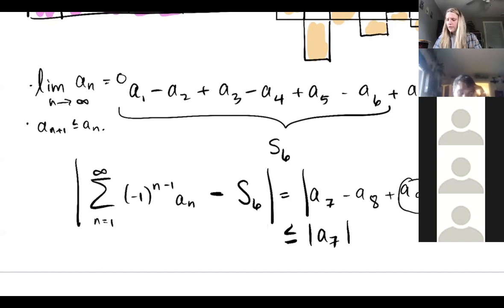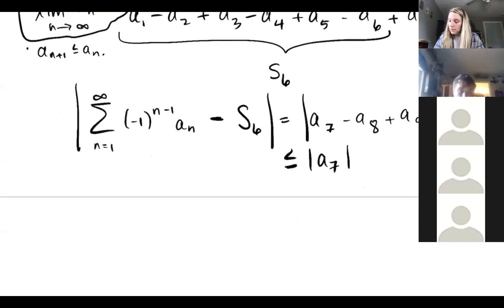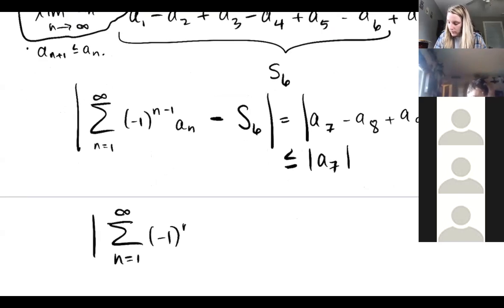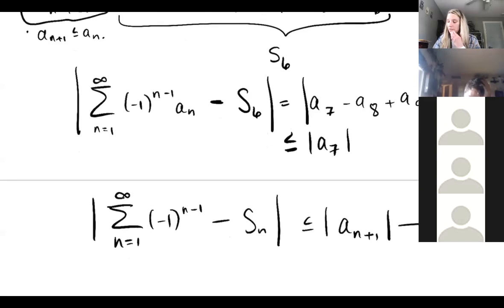Once you start alternating past A7, you never get back to that size again. Here's the more general form: the difference between the sum and the nth partial sum is always less than or equal to a sub n plus 1. And you know that this goes to 0. So basically these partial sums converge to this finite value.